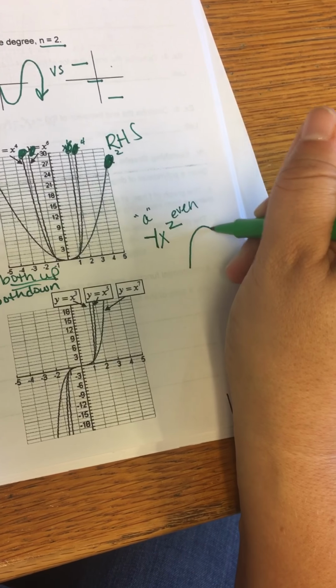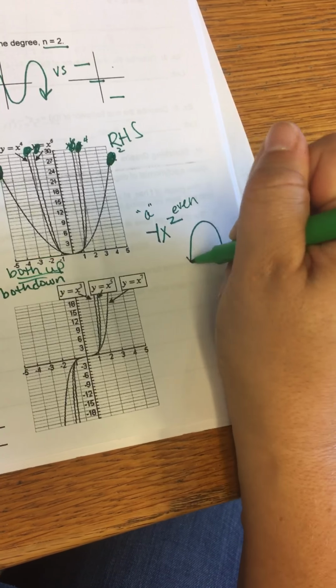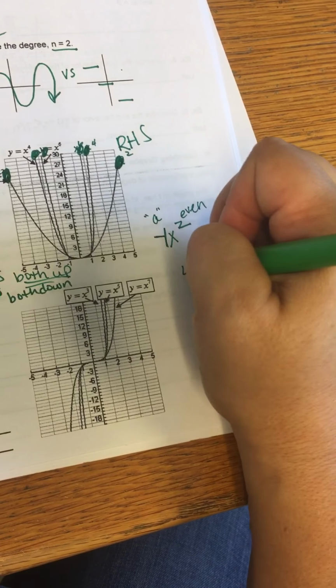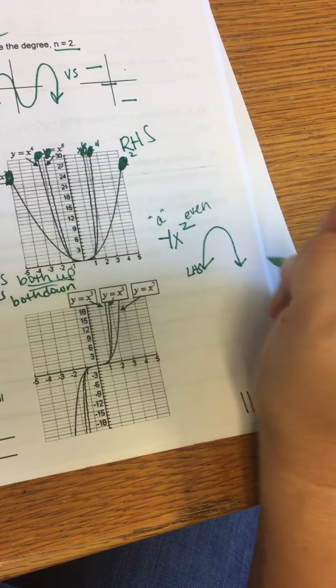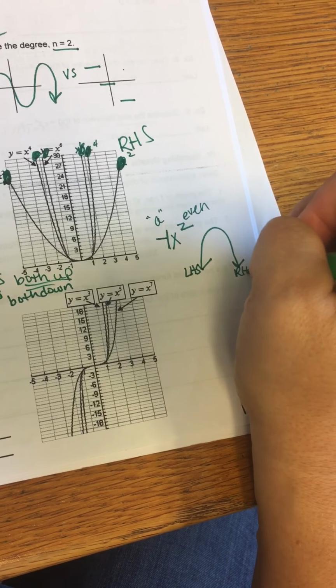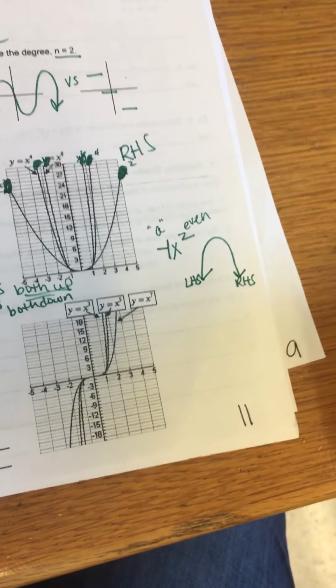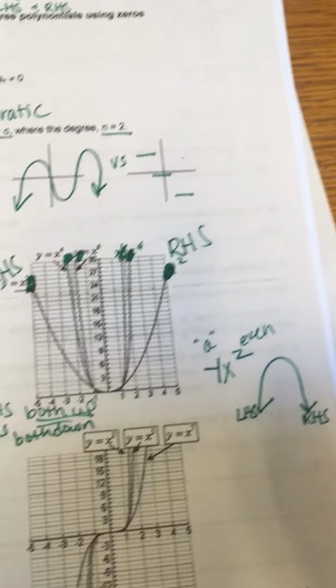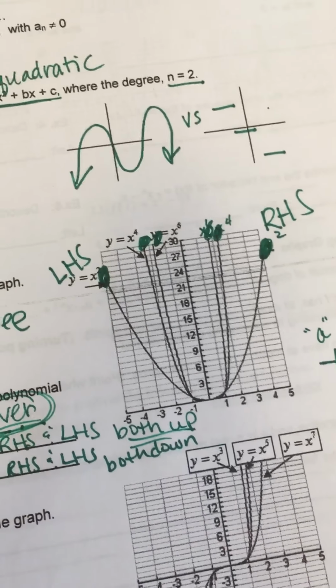It would be an upside down, flipped parabola from what we did in the first unit. Left-hand side going down, right-hand side going down. So even is really nice. You look at the biggest degree. If it's an even number, then the graph will be going the same way on both sides.